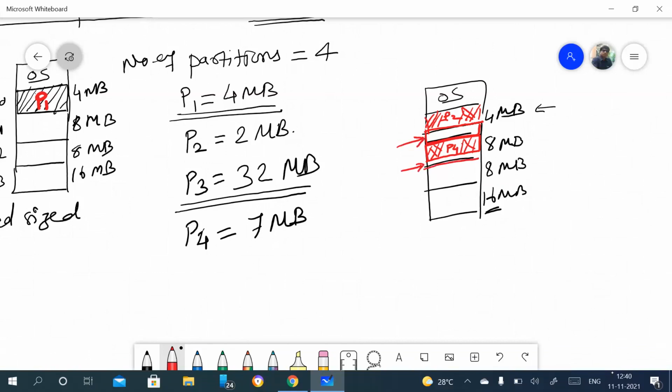Suppose one more process is there, P5, and its need is 2 MB, right?